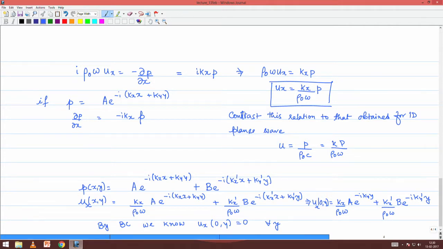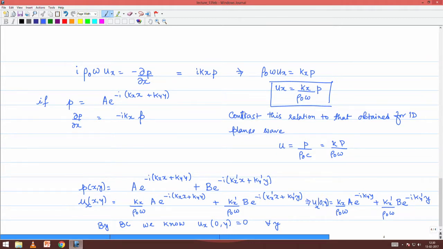But then if you have to really enforce the condition that u_x at all y's for x equals 0 has got to be 0, then there is no way in which these two functional dependencies can be different. If it were true that k_y is not equal to k_y', there is no way in which this condition can be achieved, because you would be dealing with two phasors which are rotating at different speeds. At some values of y they may cancel each other, but at other values of y they will not cancel each other, right.